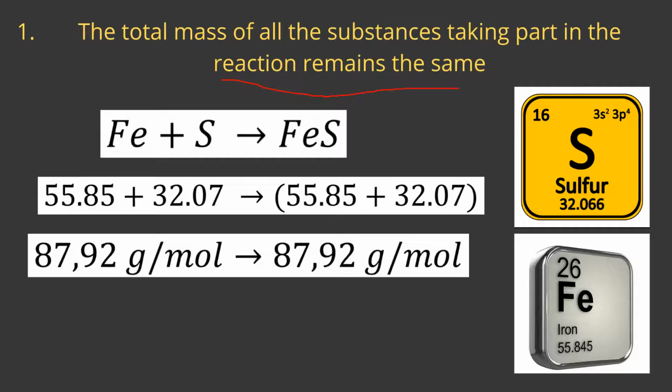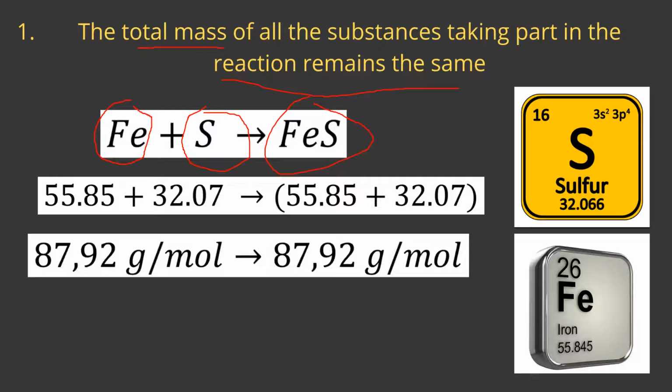So let's take an easy chemical reaction where iron reacts with sulfur to form iron sulfide, right? To prove that the total mass for the reaction remains the same, that will mean that the total mass on the left hand side before the reaction takes place is equal to the total mass on the right hand side after the reaction has taken place, right?